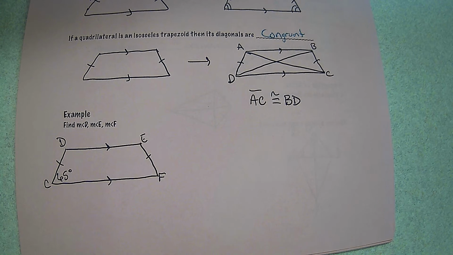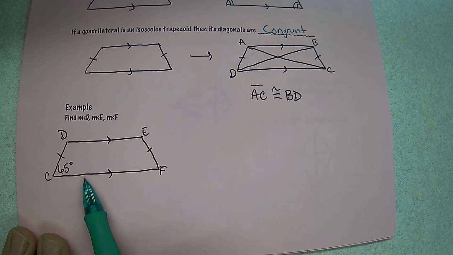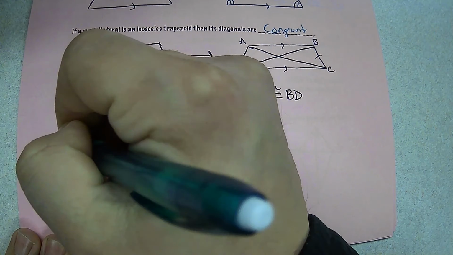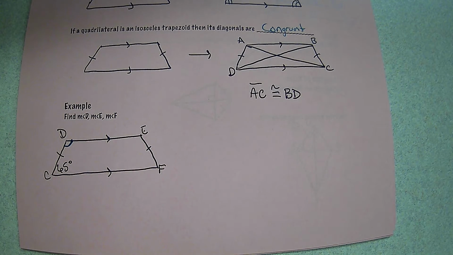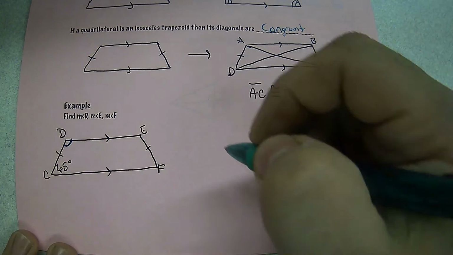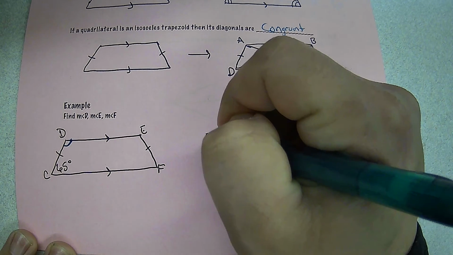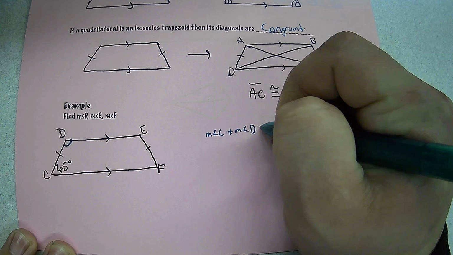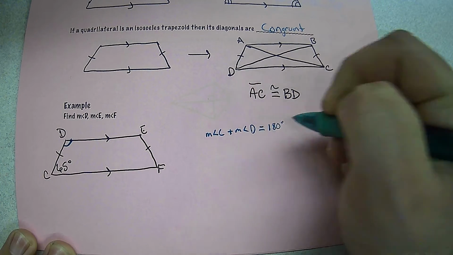So let's look at a couple of examples. The first example is going to ask us to find some of the other angles. So as I just said, remember this angle and this angle right here are going to be supplementary, or they're going to add up to 180 degrees. So we have the measure of angle C plus the measure of angle D is going to be 180 degrees.